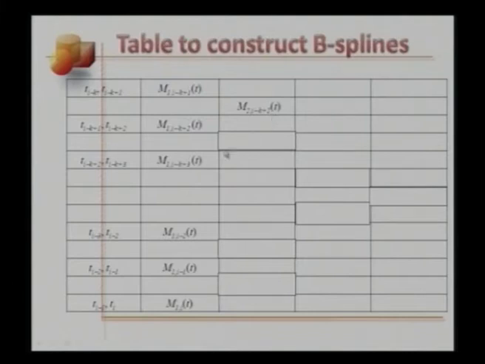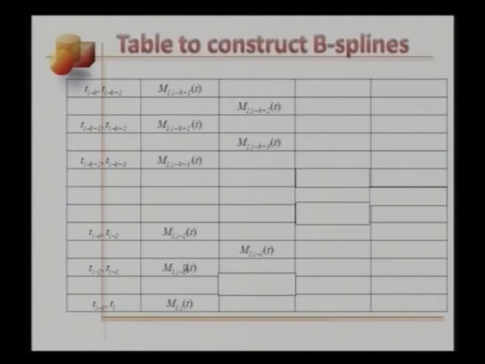What happens when we combine these two order 1 basis functions? Again, there is an increase in order, and the last knot is I minus k plus 3. Okay, we can keep on moving.